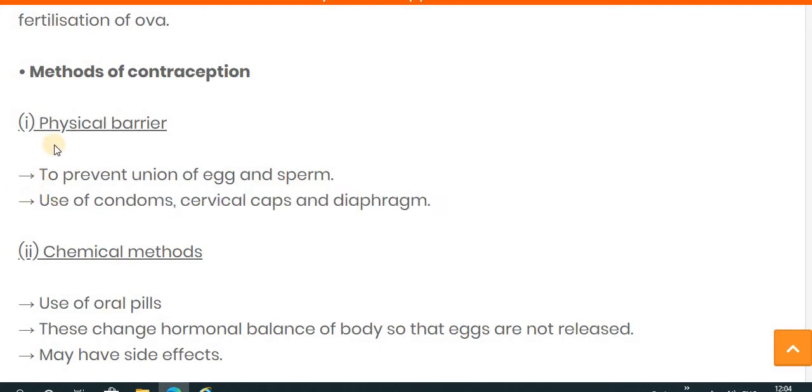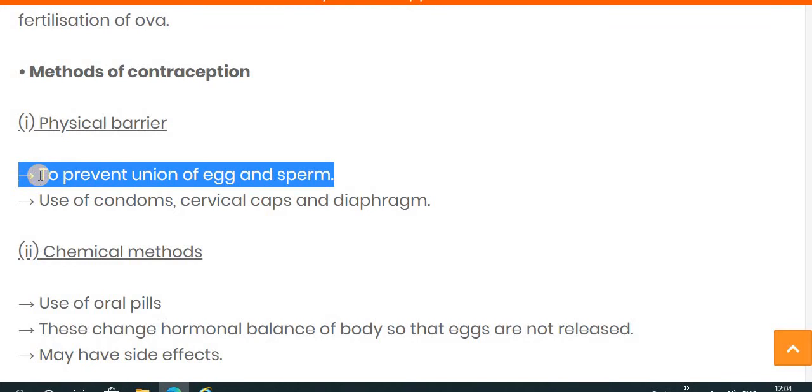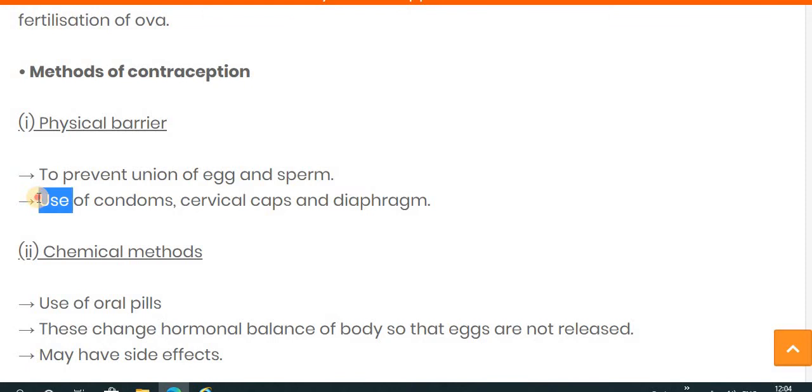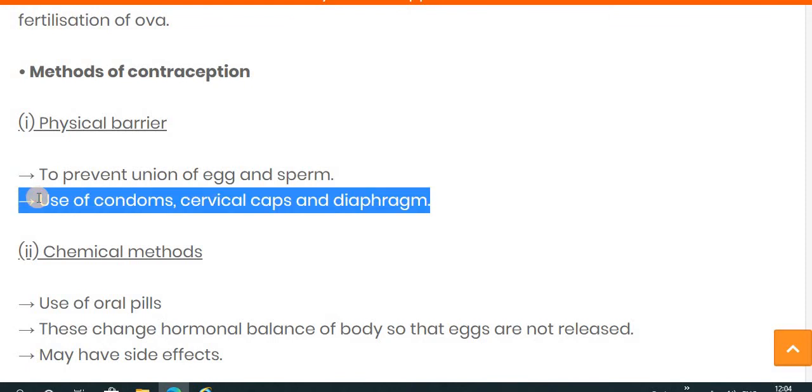These are physical barrier methods, one kind of contraception by which we can prevent pregnancy.